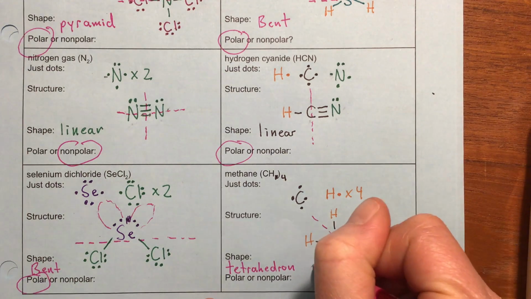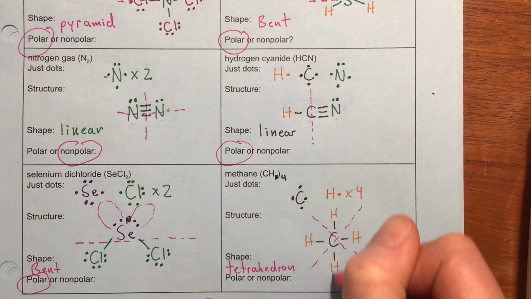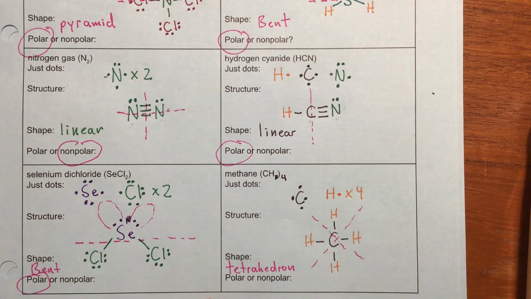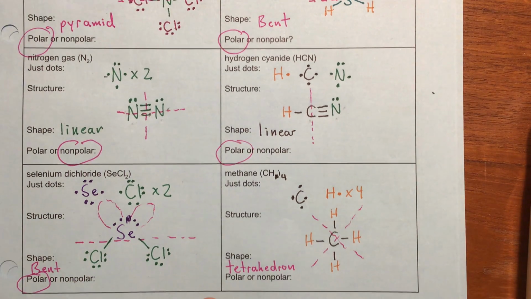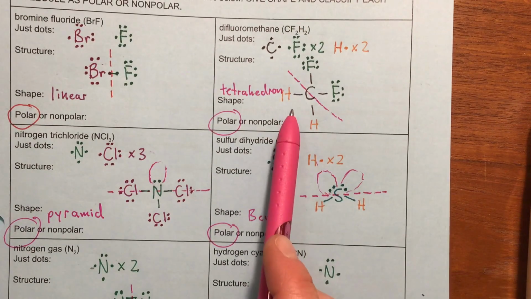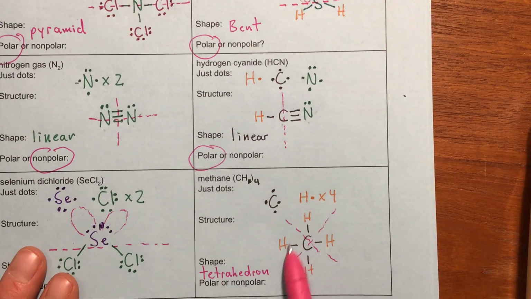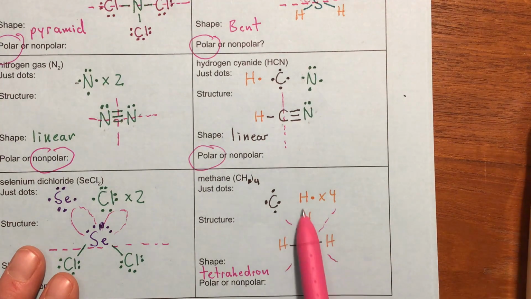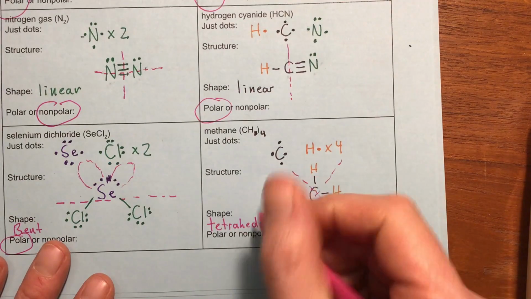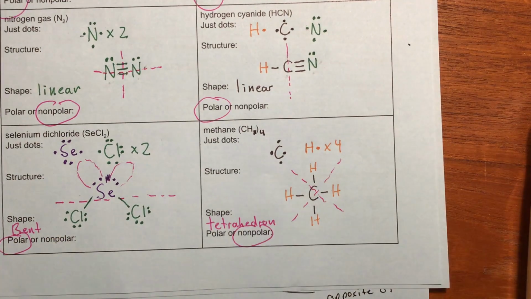This way, this way, this way, or this way, everything is the same. So this one, even though it looks like a similar structure compared to this one, because I have all the same groups surrounding that central atom, there's no way that any side of the molecule can be different from any other. And so we will call this a nonpolar molecule.